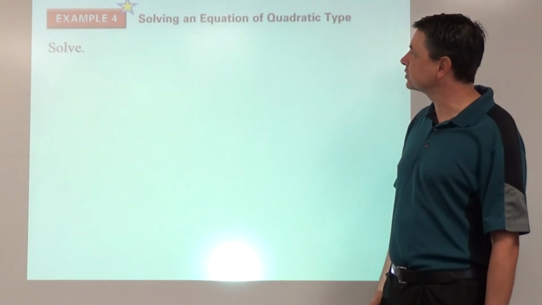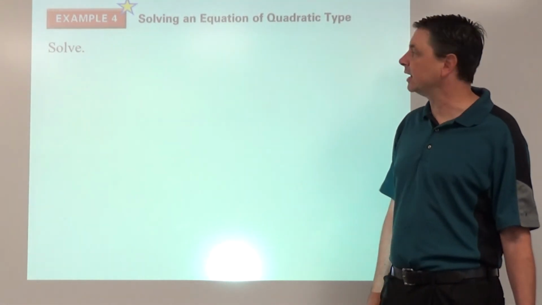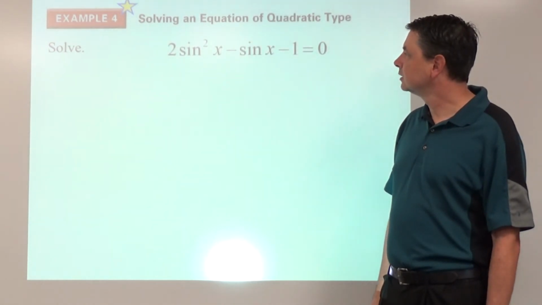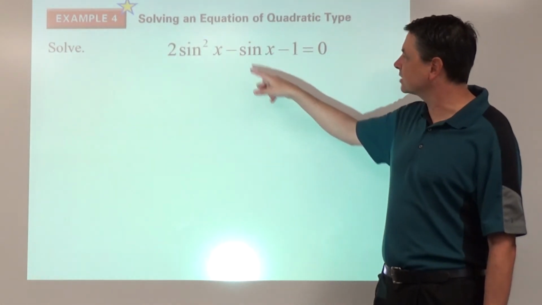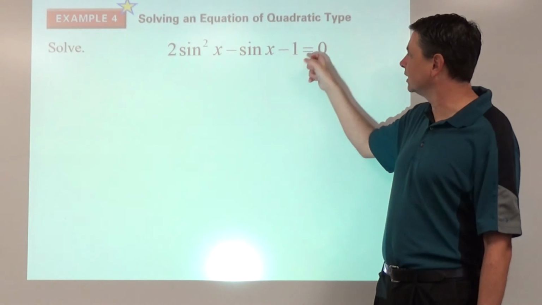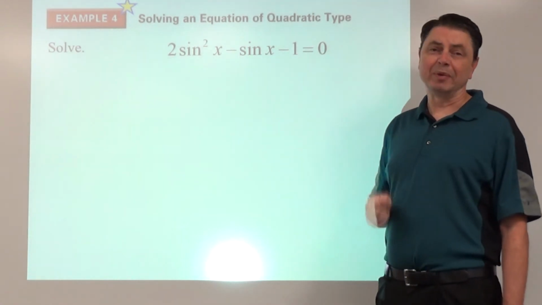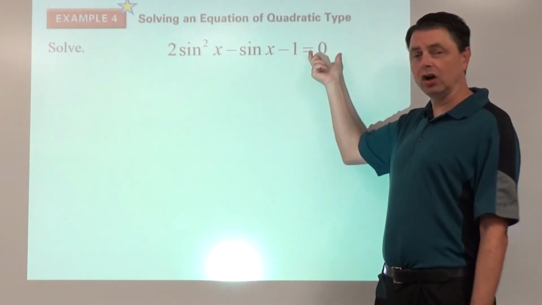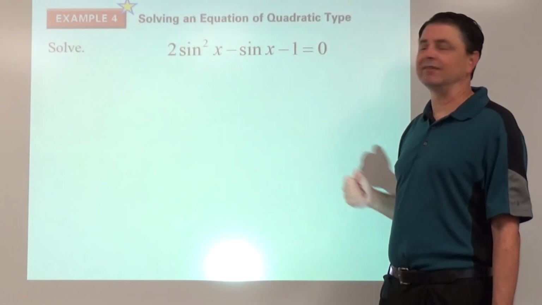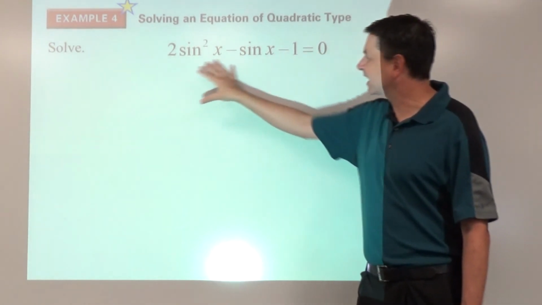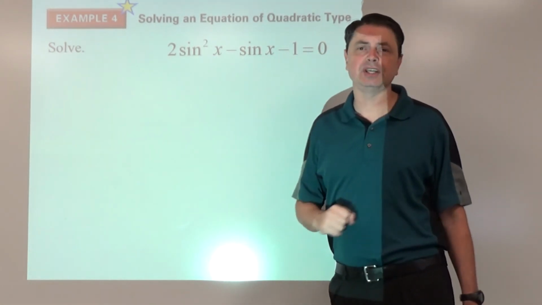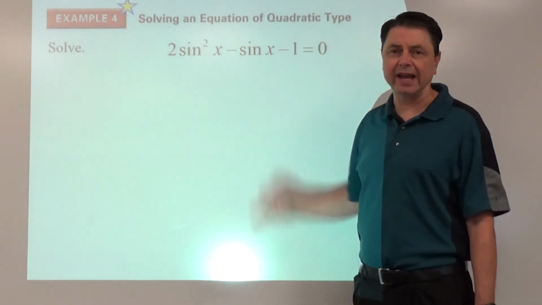Example number 4, solve an equation of a quadratic type. 2 sine squared x minus sine x minus 1 equals 0. We might investigate factoring. It's already equal to 0, so we have the benefit of that. Now, maybe pause the video here, see if you can get this factored.